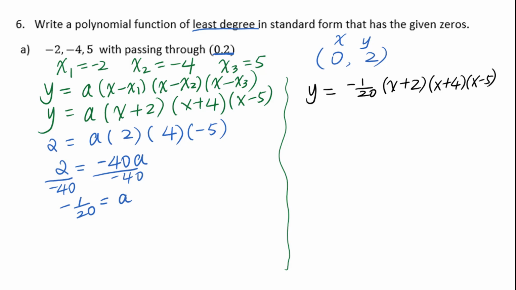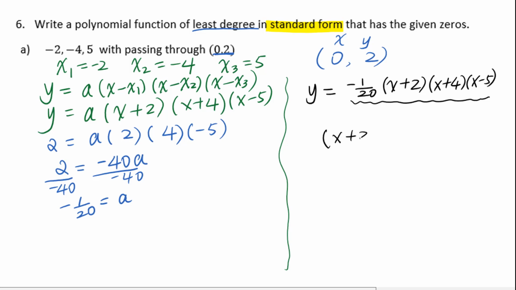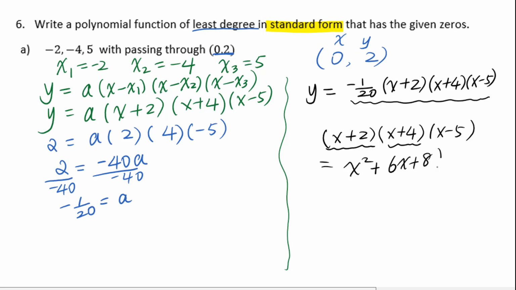Since we are looking for the standard form, we have to use FOIL to work out this multiplication. We will do (x plus 2)(x plus 4)(x minus 5) first. These two, we do the FOIL. You will get x squared plus 6x plus 8.